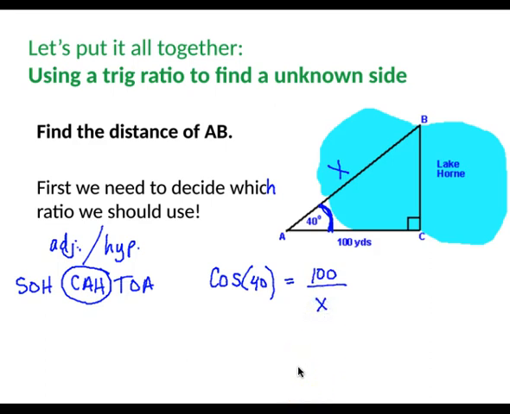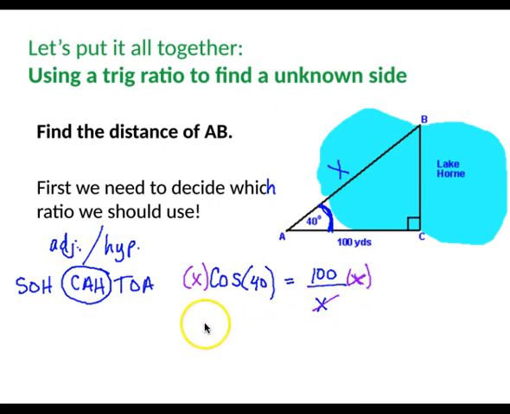So we've got one unknown that we're trying to find. How do we solve for x now? We're just going to use some algebra. It's hard to find an unknown when it's in the denominator, so I'm going to multiply both sides by x. That way the x cancels out on the left side of the equation, right?